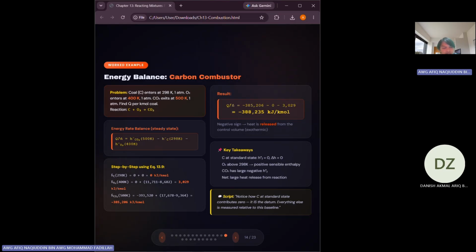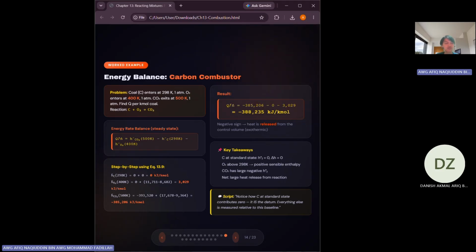For carbon, entering at 298 Kelvin, which is the standard state, h_C is equal to 0 plus 0, 0 kilojoule per kilomole. Carbon is the datum element and it's exactly at the reference state. Both terms are 0. For oxygen entering at 400 Kelvin, h_O2, not to be confused with water, is equal to 0 plus h at 400 Kelvin minus h at 298 Kelvin.